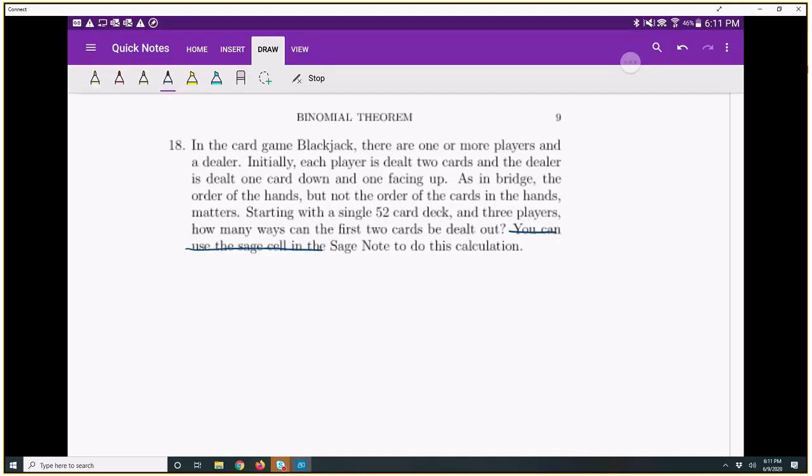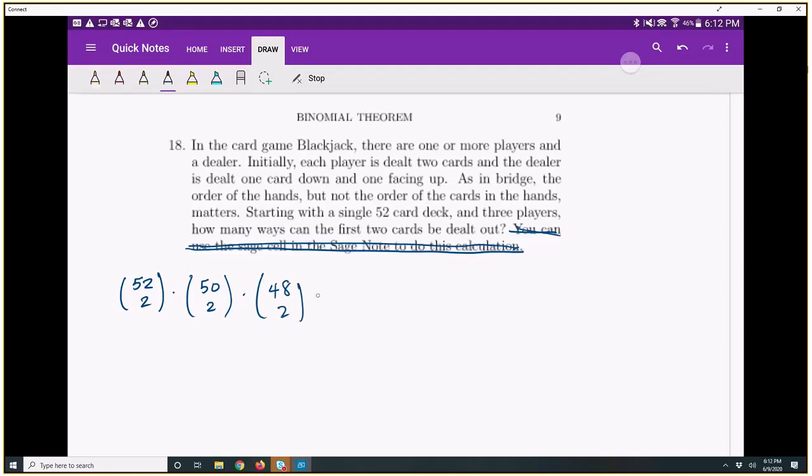We're going to ignore this thing, although this is related to your interactive textbook if you are using it. So I have a 52 card deck. I'm dealing 2 cards, so this will be first 52 choose 2 to the first player. Then I'm going to multiply that by 50 choose 2. That's how many ways we can deal the next 2 cards to the next player. Then multiply that by 48 choose 2.